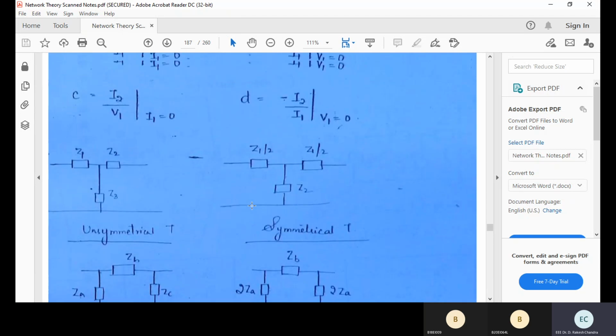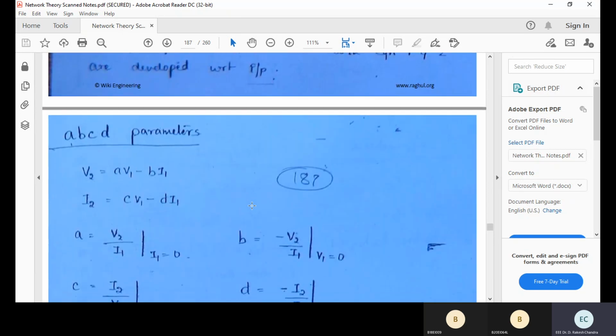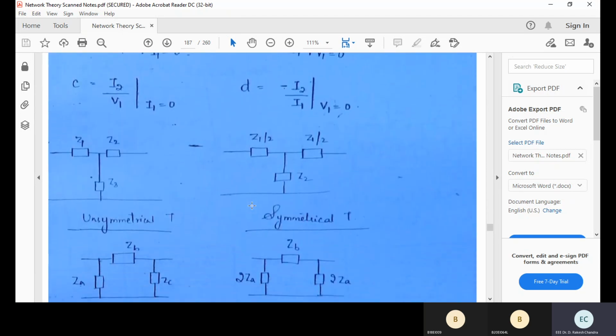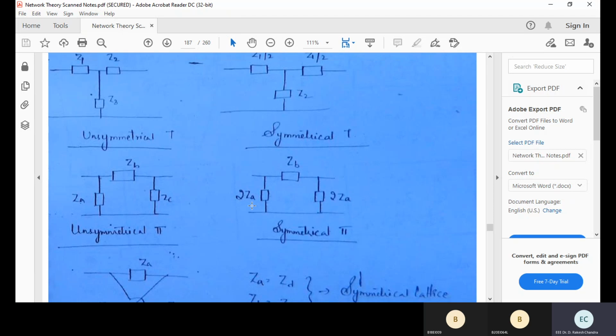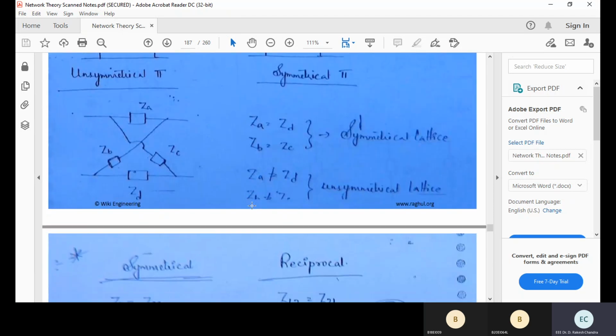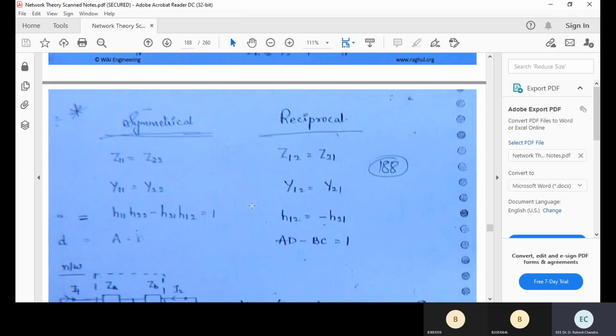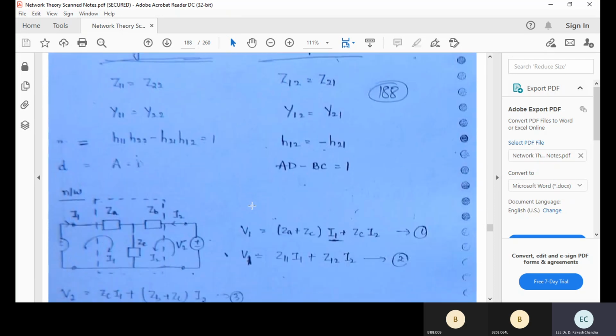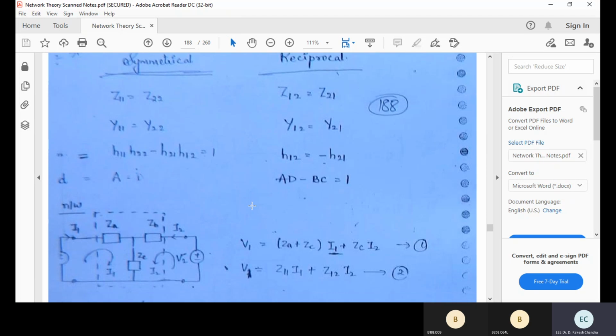Yesterday we have seen two-port networks. ABCD parameters are not there in our syllabus. So unsymmetrical T-type network, pi-type network, symmetrical and unsymmetrical, and the lattice structure. So you just go through this. Symmetrical means Z11 is equal to Z22, Y11 is equal to Y22.